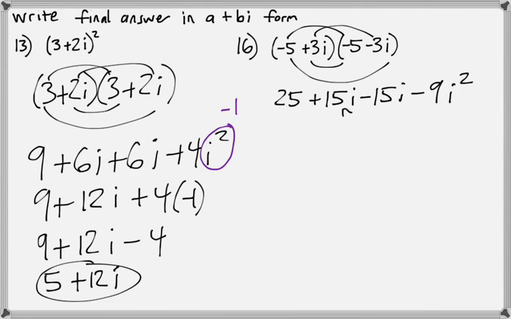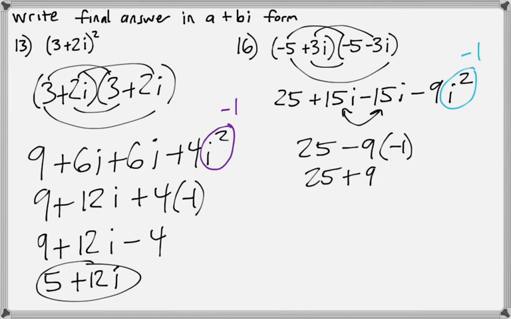So these middle terms cancel out, and I have 25 minus 9 times -1, because I do want to replace anytime I see an i squared with a -1. So that will be 25 plus 9, which is going to be 34.